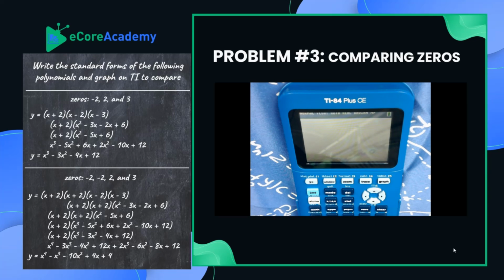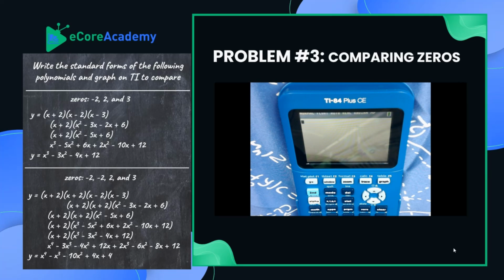We can simplify all of that to x cubed minus 3x squared minus 4x plus 12, which is actually the polynomial we worked with in the last problem. And all we have to do to finish this off is multiply it times x plus 2, and we get this long multiplied out equation: x to the fourth minus 3x cubed minus 4x squared plus 12x plus 2x cubed minus 6x squared minus x plus 12.